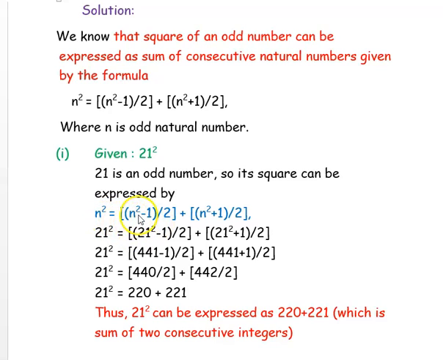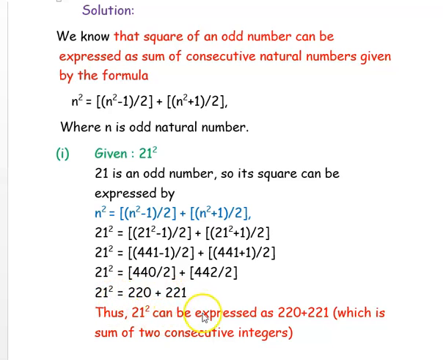So, n square equal to n square minus 1 divided by 2 plus n square plus 1 divided by 2. Here n is 21, so I have substituted in this formula. 21 square minus 1 divided by 2 plus 21 square plus 1 divided by 2. 21 square is 441, so 441 minus 1 divided by 2 plus 441 plus 1 divided by 2. 441 minus 1 is 440 divided by 2 plus 441 plus 1 is 442 divided by 2. 440 divided by 2 is 220 and 442 divided by 2 is 221.